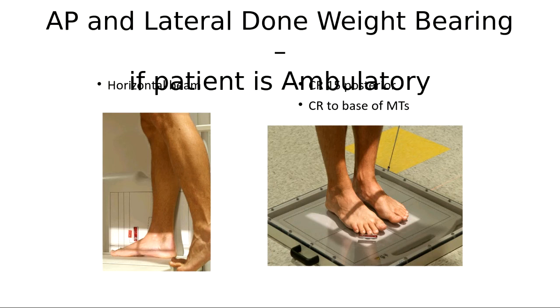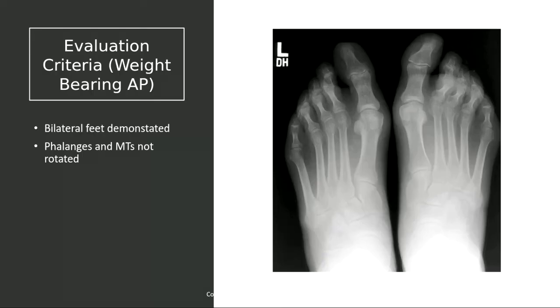And then when we look at these images, the AP weight bearing, notice that you'll see bilateral feet, and the phalanges and the metatarsals should not be rotated. Ideally, you would mark both feet. Anytime you do something bilateral, you typically mark both feet. Okay, as long as they have left, I'm sure the radiologist can figure out that this is right.